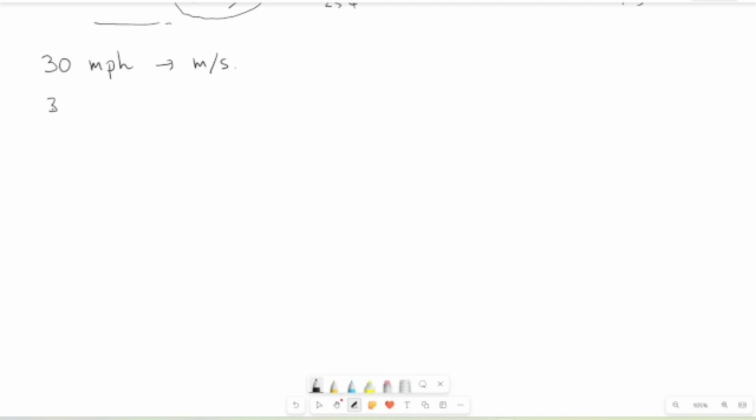So it might be more appropriate to write that as mile divided by hour. So I want to multiply that by something, and let's do the distance on the top. Miles needs to go into meters.